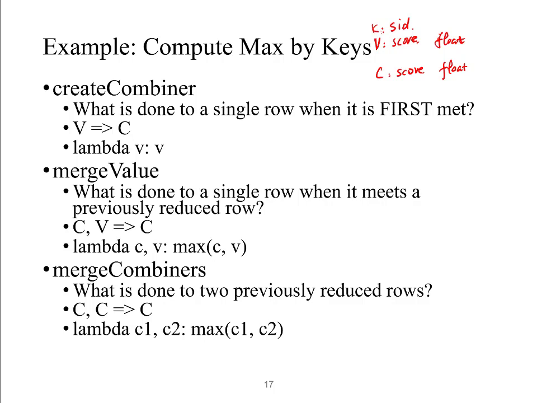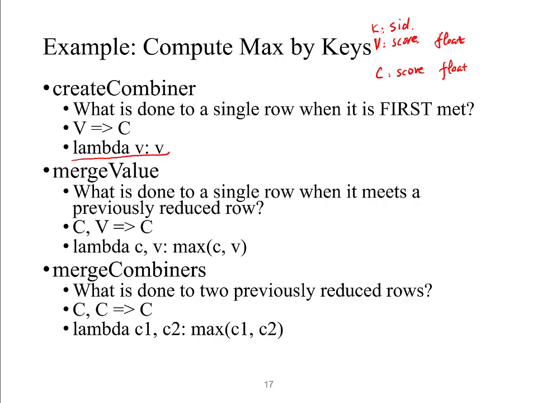When it is first met, the maximum score is itself. So the function here should be lambda v: v, the V itself.